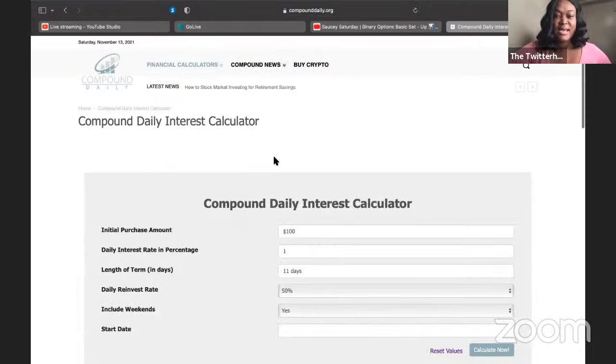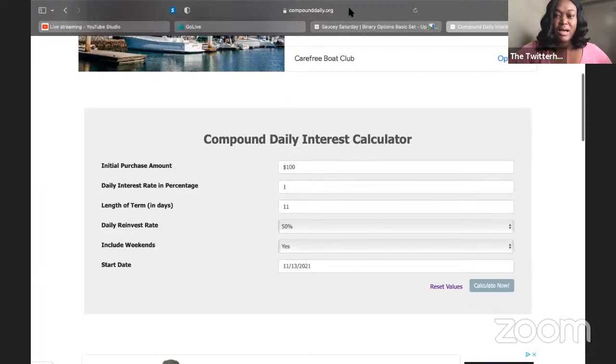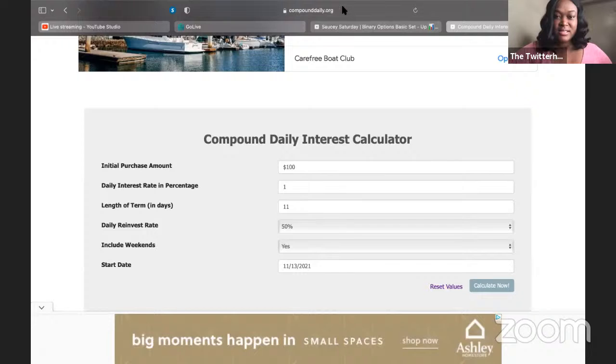Select that, and now we have our calculator. So I'm going to copy this site, and I'll drop it in the chat for you guys here with me on Zoom. Paste. That's the website, compounddaily.org.